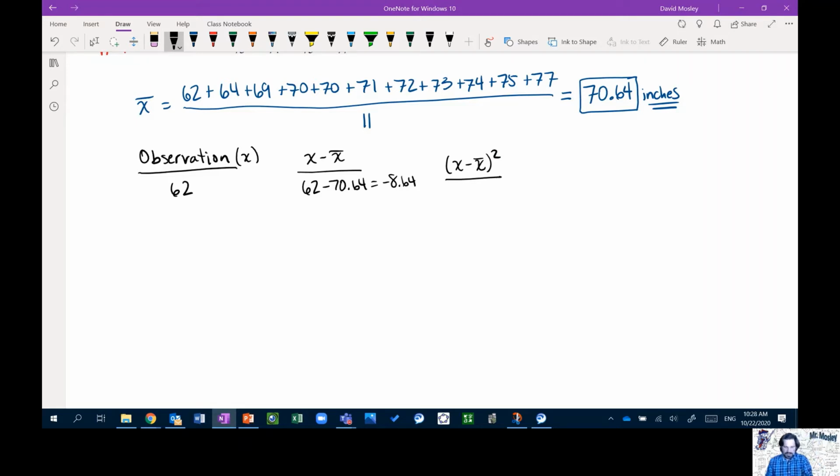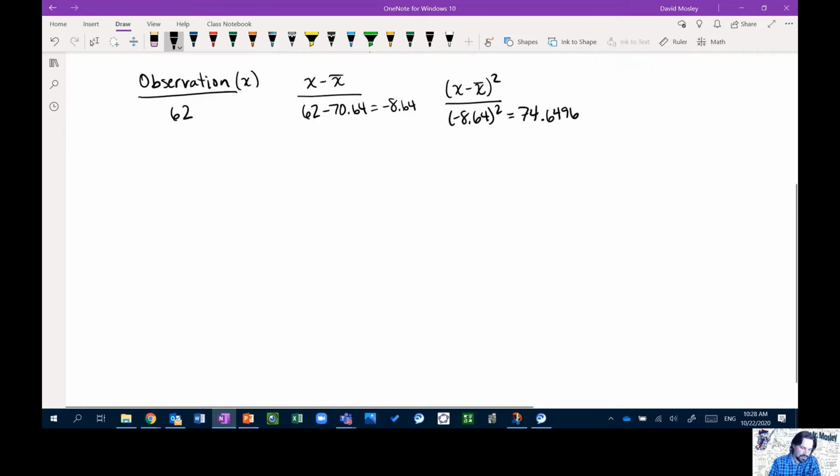So we get negative 8.64, and negative 8.64 squared will give us 74.6496. So that's how we're going to calculate each thing. We start with the observation, find the difference between the observation and the mean, and then square that difference. And we need all these numbers, well, essentially we need the last column. All right, so now we'll continue this with the rest of our data points.